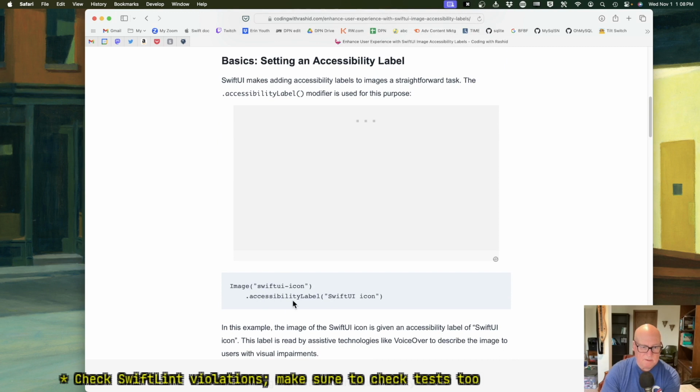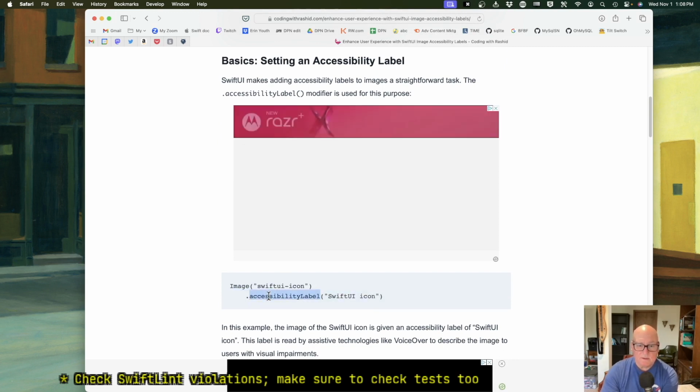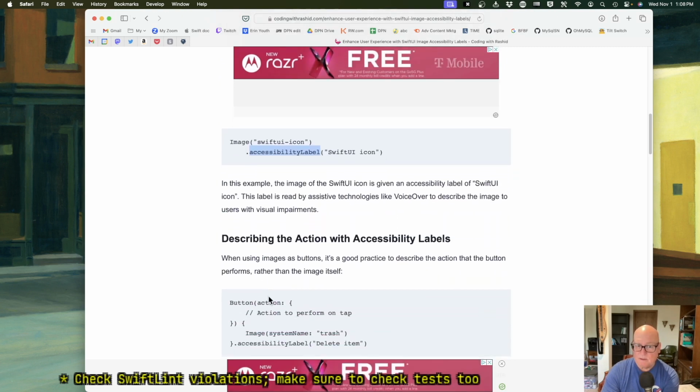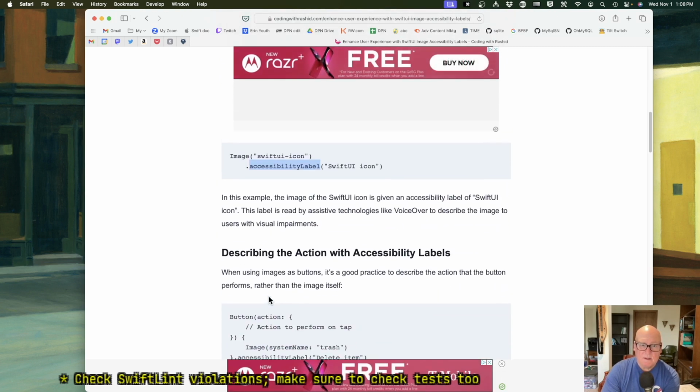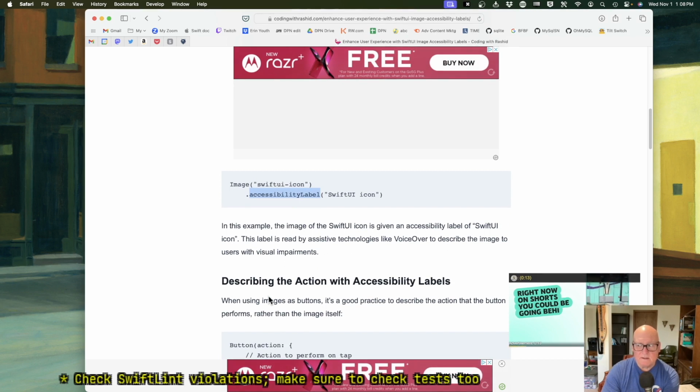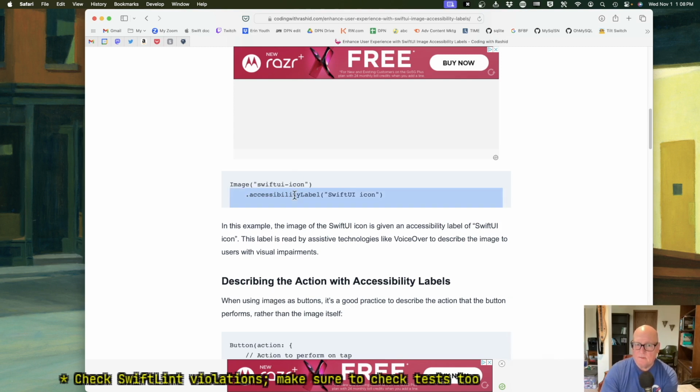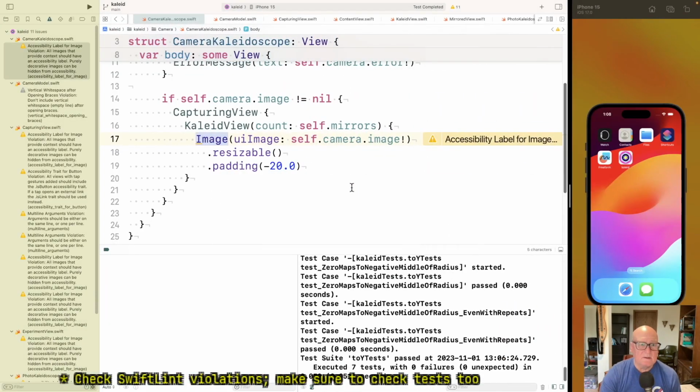Right, after the image, say accessibility label. I guess we could label this with Kaleidoscope image. I mean, I don't think... Yeah, I can't really imagine a blind person wanting to use this per se. So, I mean, I guess I'll take it as practice, if nothing else.